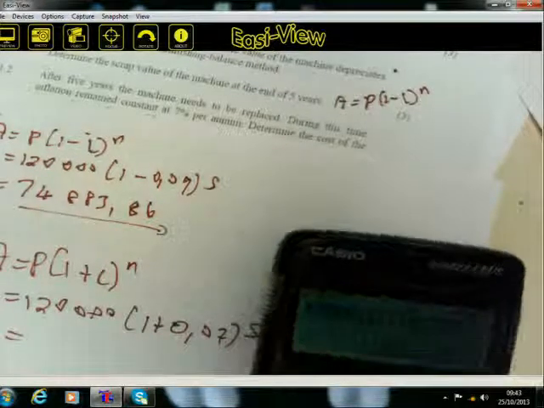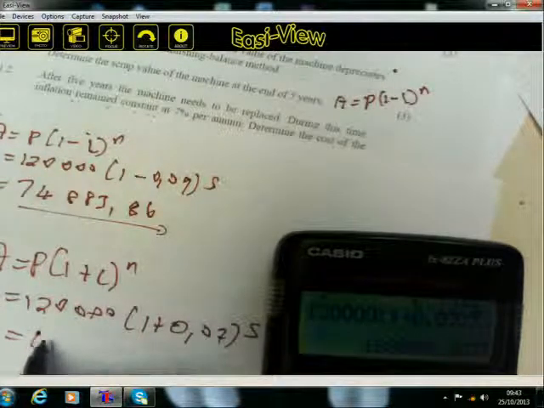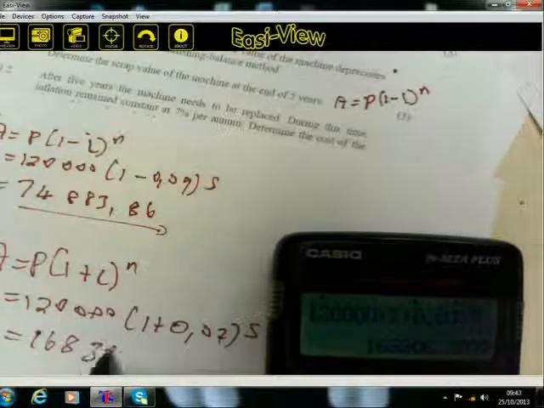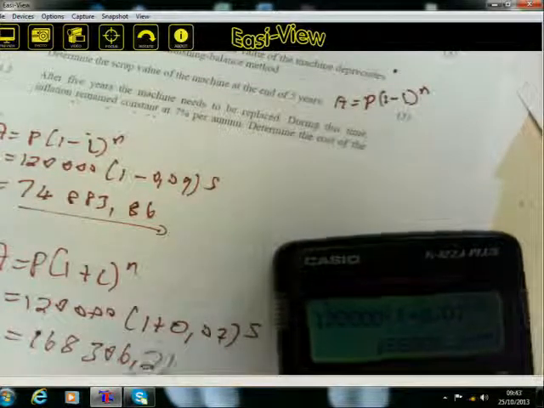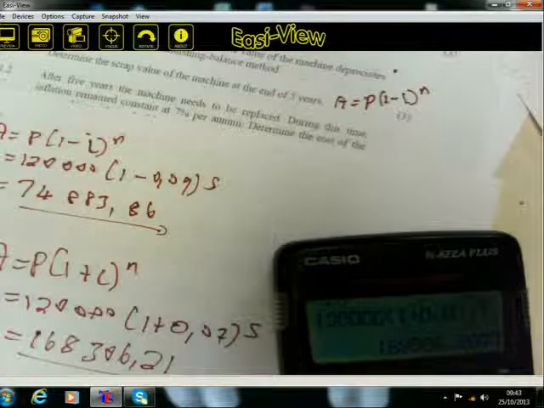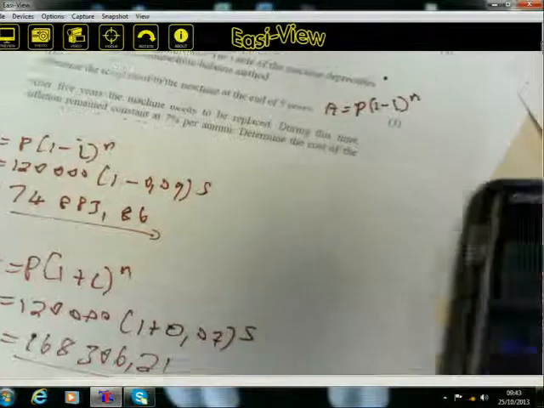Of course, the new cost now will be 168,306 rand 21.